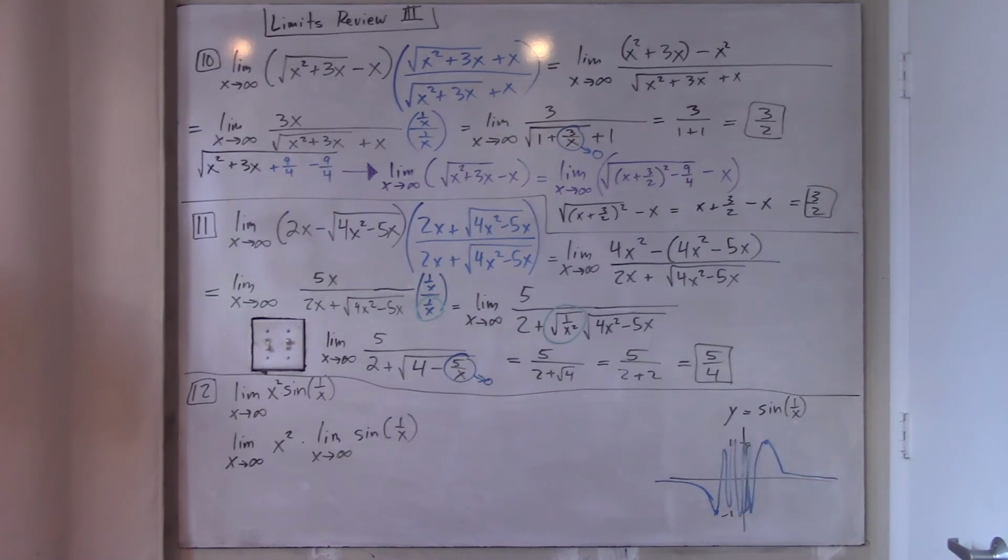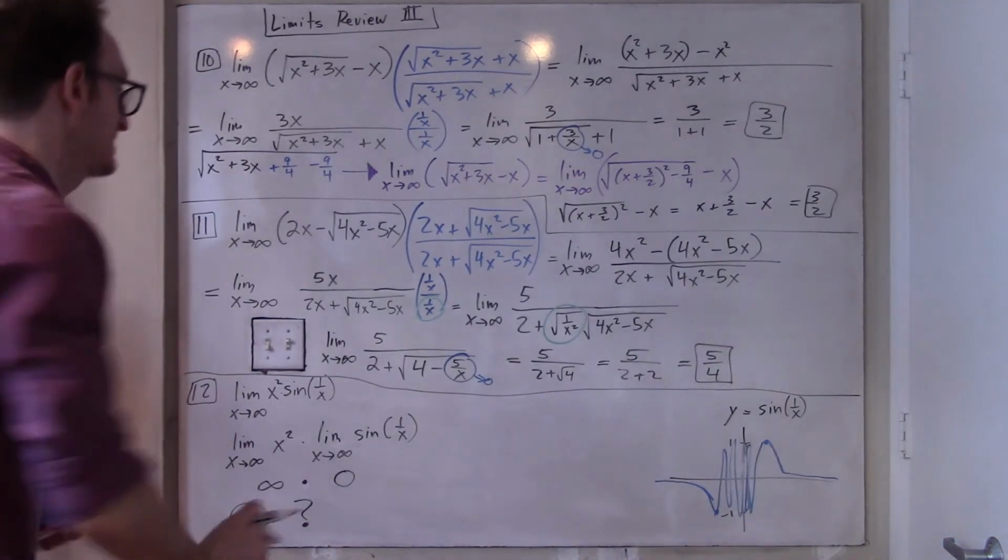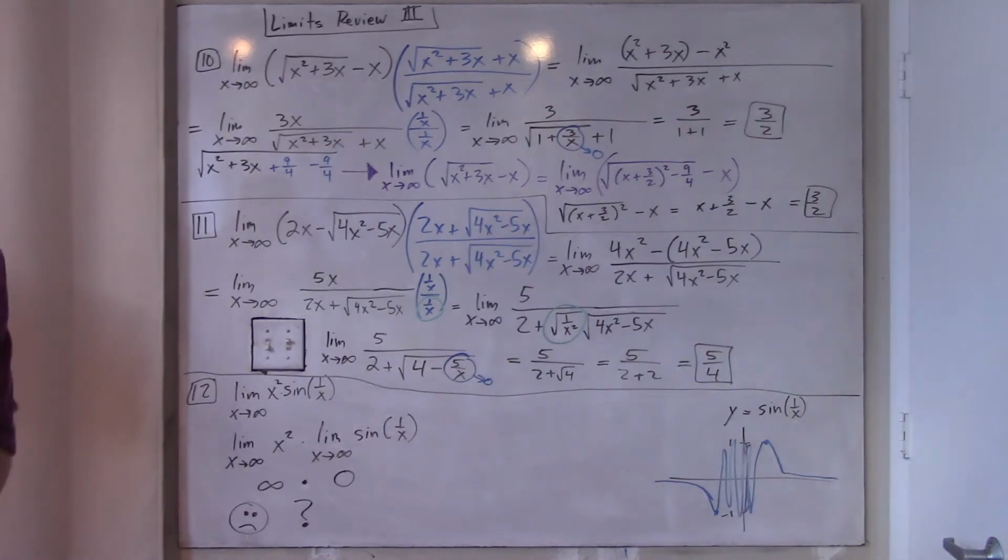Okay, but what's relevant to us right now is that as x goes to infinity, x squared goes to infinity, and this goes to 0. And so now I have no idea what's going on, right? This is an infinity times 0 situation, and we explained quite thoroughly, I think, last week that this is an indeterminate form.